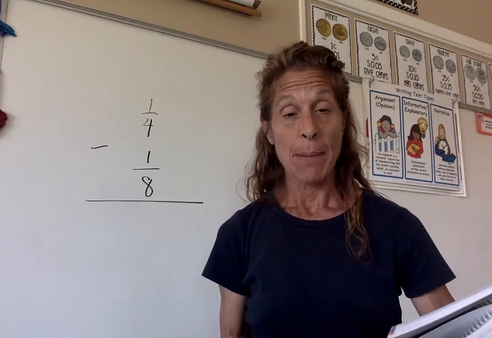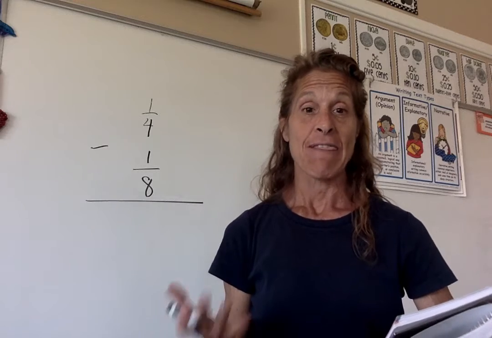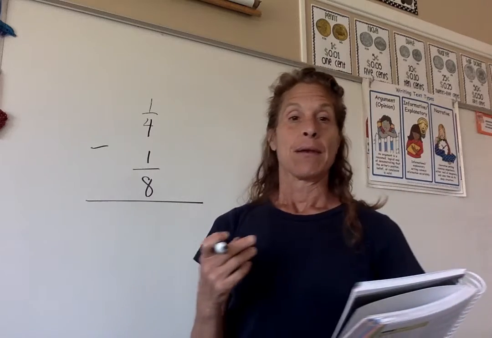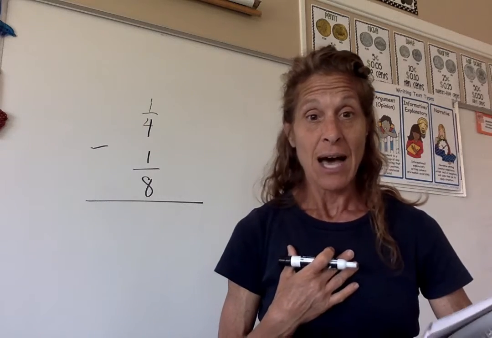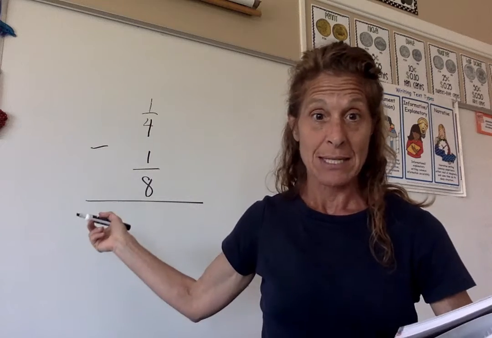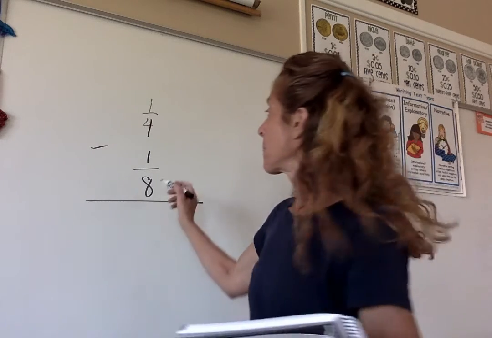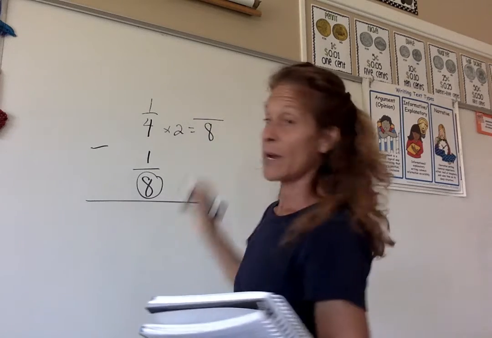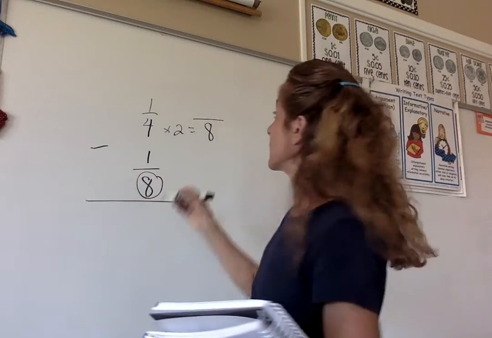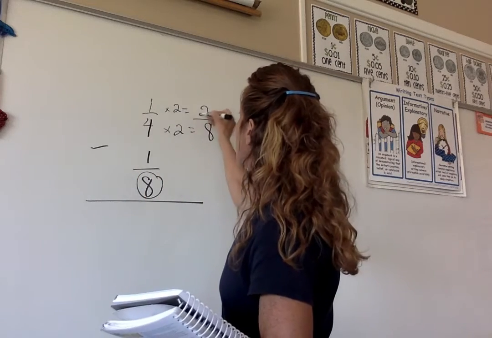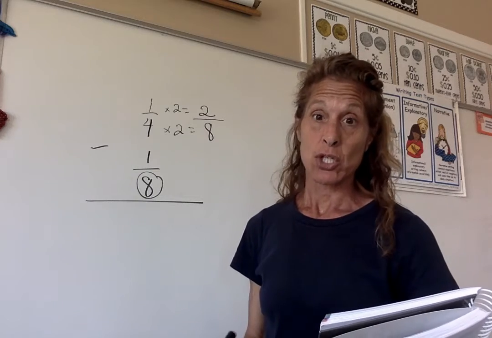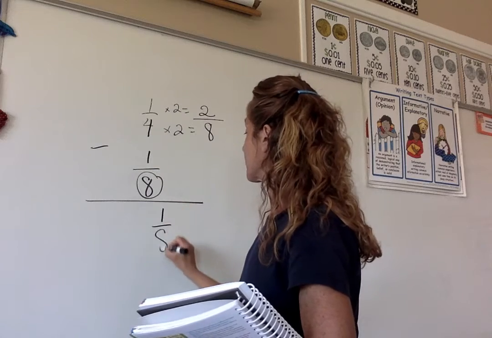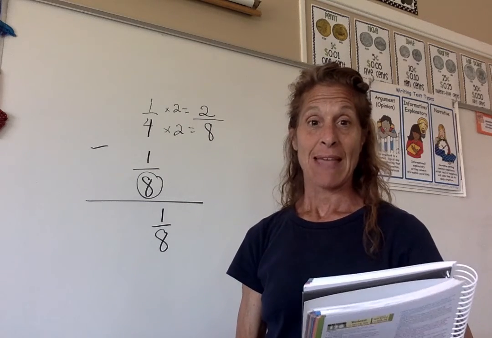We need to find a common denominator, something that they both fit into. Knowing my multiplication facts, I know that 4 times 2 equals 8. So I can keep the 8. Whatever I do to the bottom, I have to do to the top. Now I can subtract 2 8s minus 1 8. And that's my final answer.